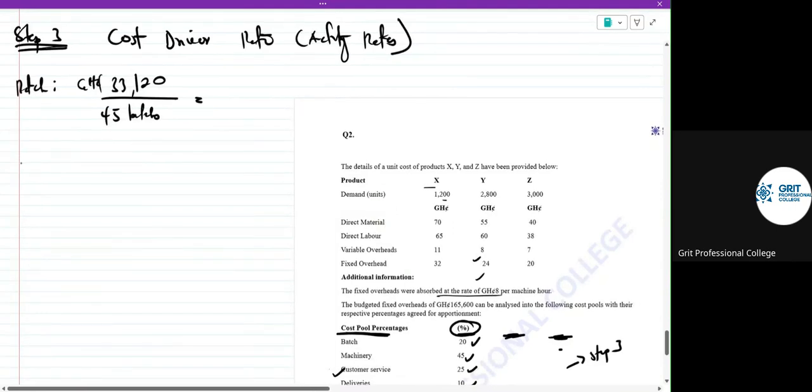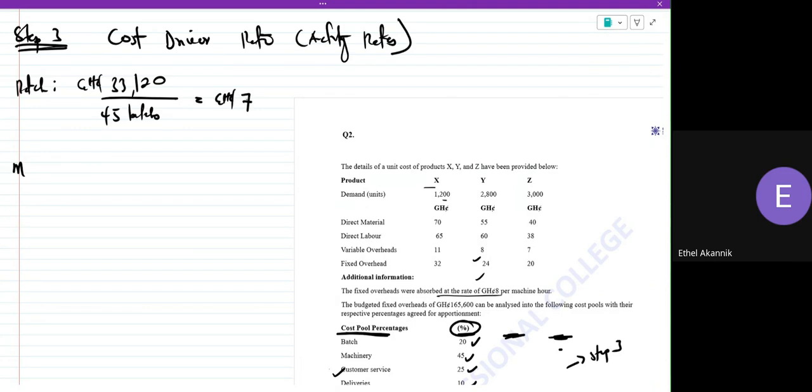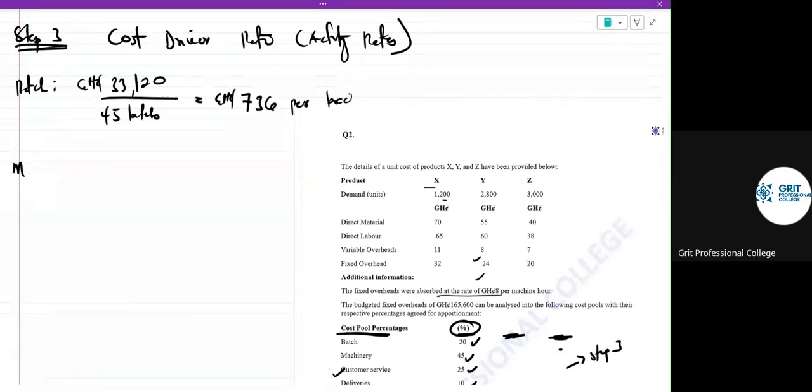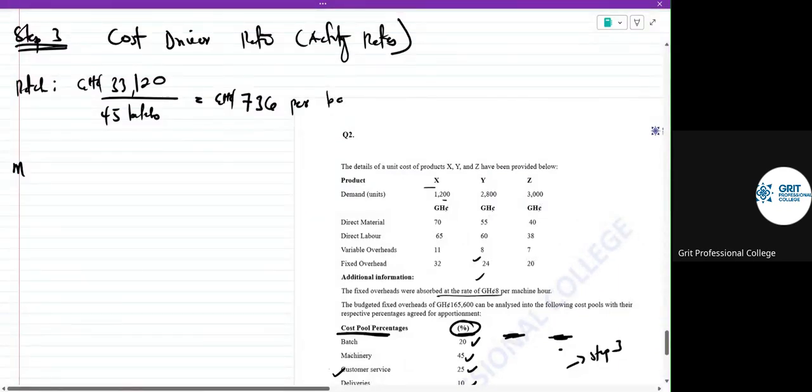Next one will be machine. 736 per batch. Right. So we come to machinery.